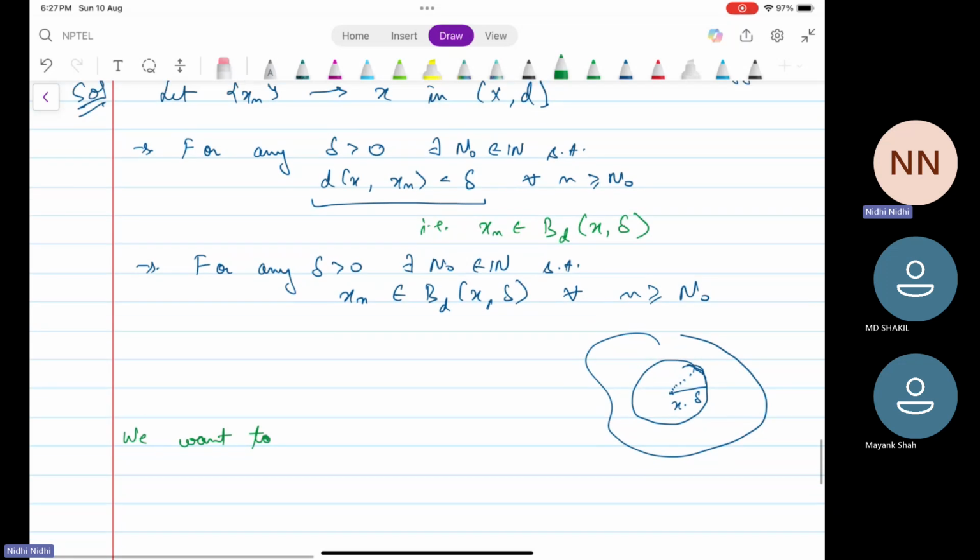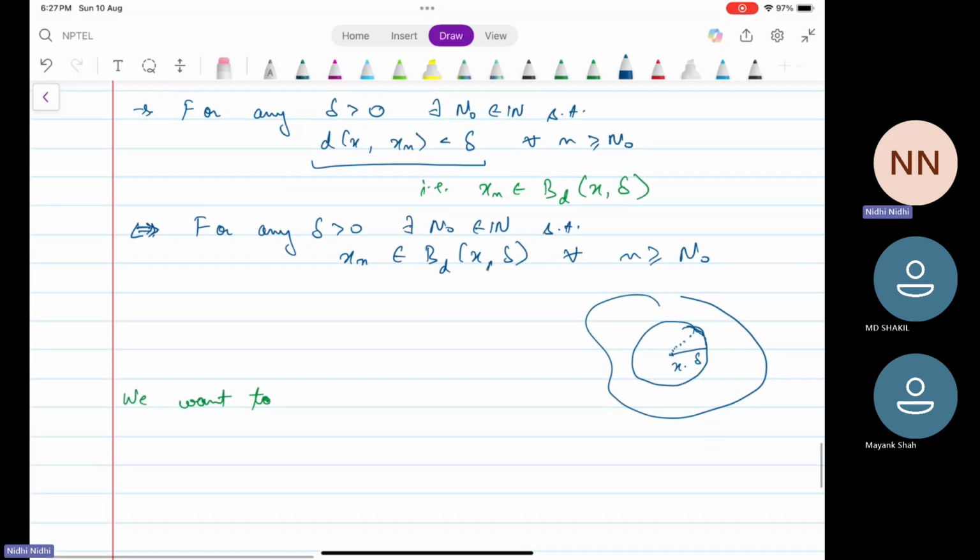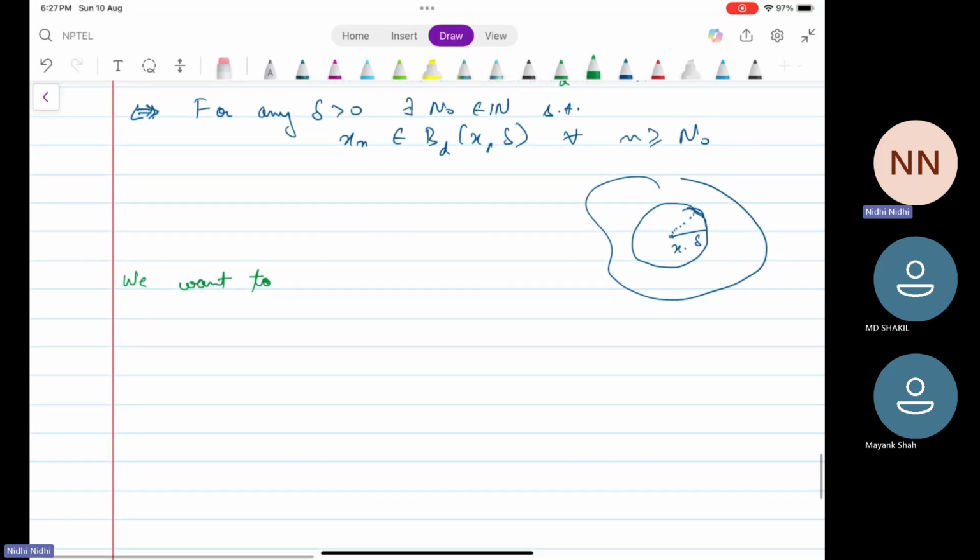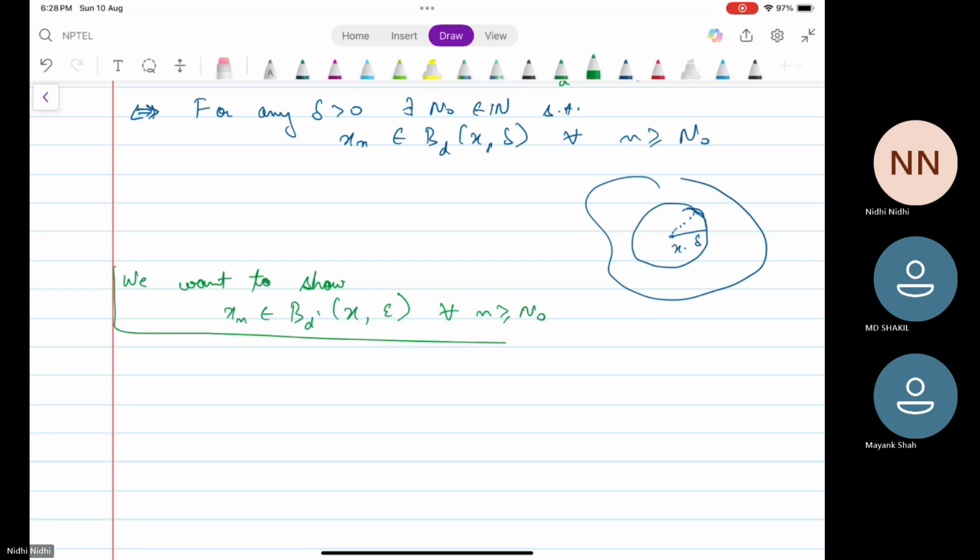This happens if and only if both the definitions are equivalent. That means x_n belongs to the ball with respect to metric d' around x with radius epsilon, for some epsilon, for all n greater than or equal to n naught. This is what we want to show.